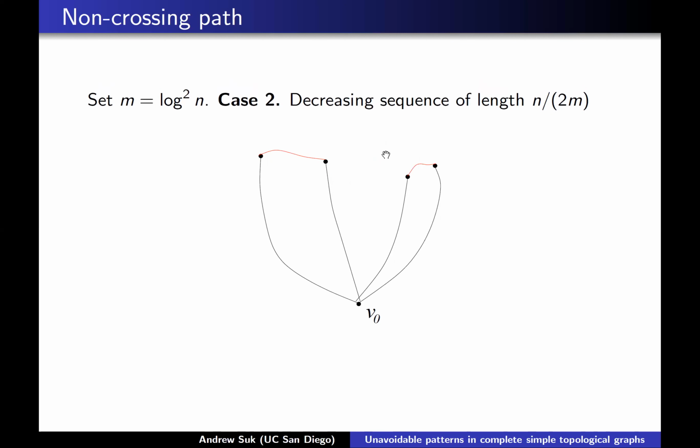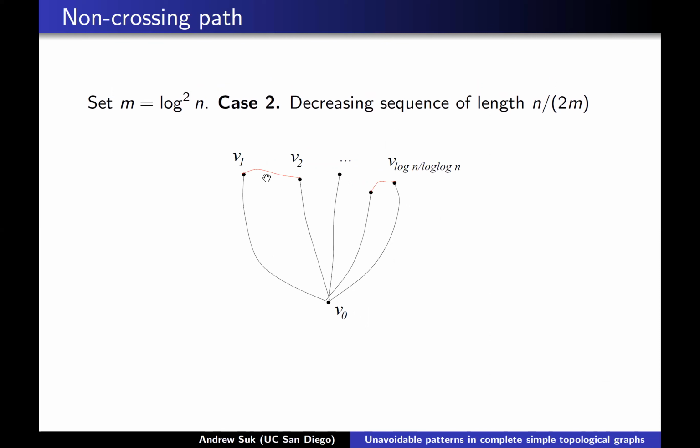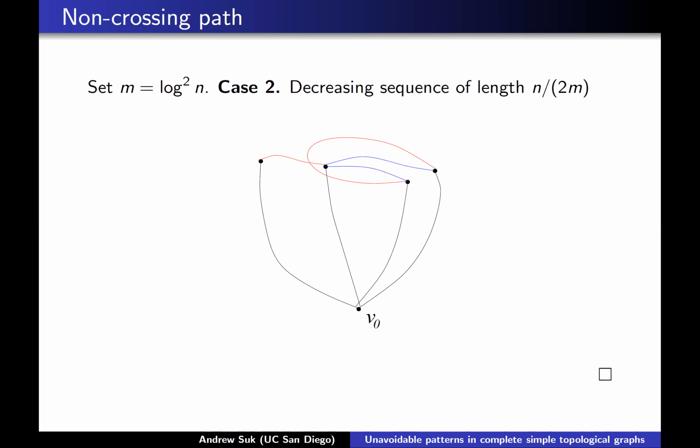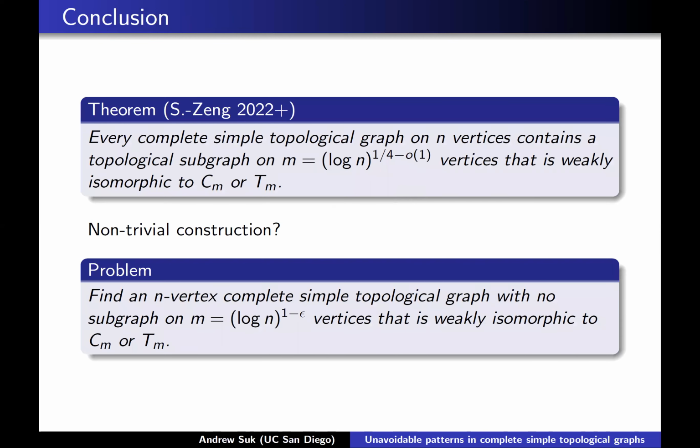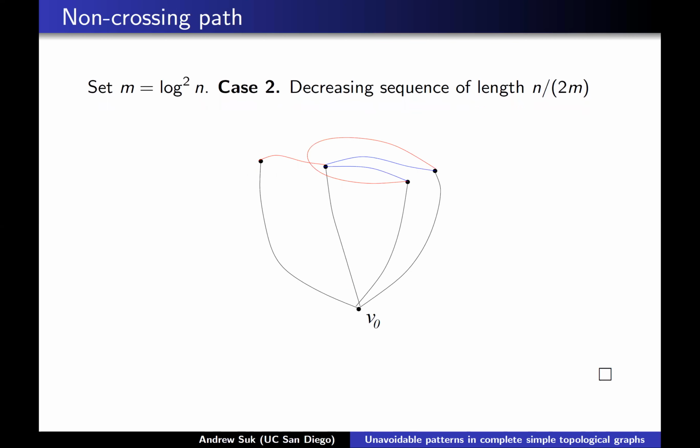And so therefore these edges are disjoint. And so if you look at the consecutive edges that go along here, you'll have your non-crossing path of length roughly log n. Okay, any questions so far?